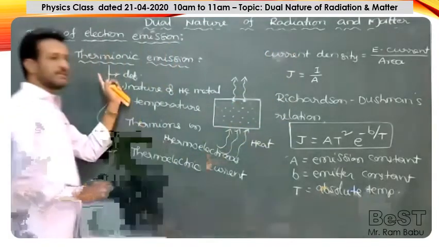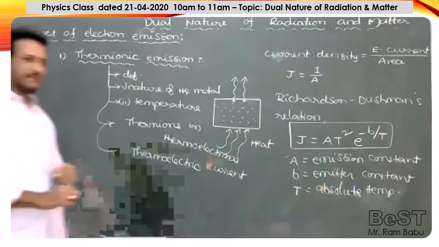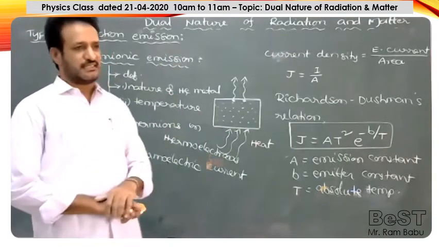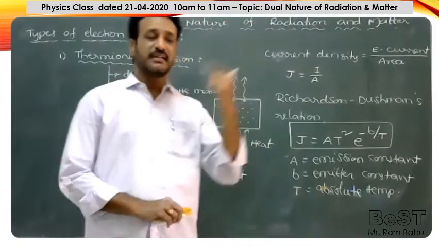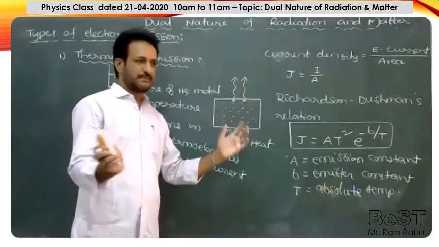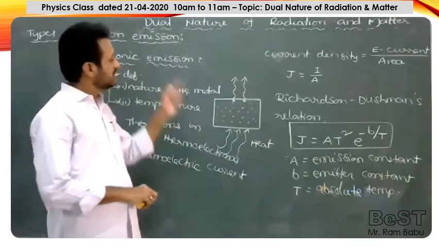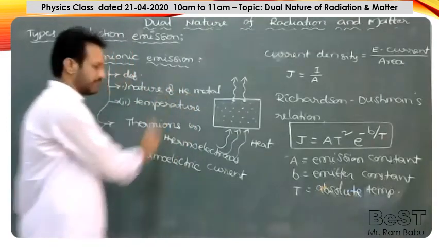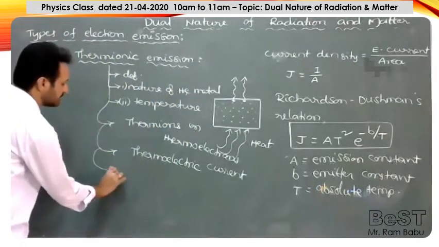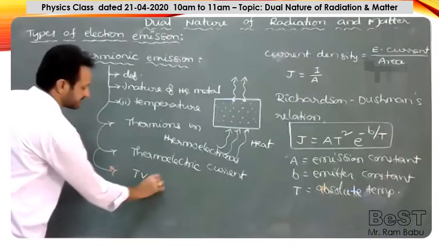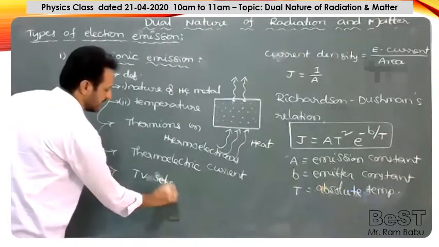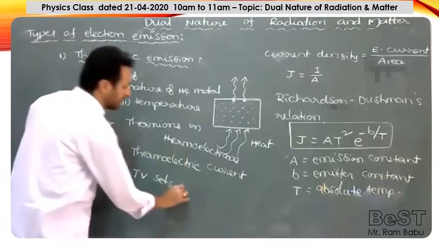Where we can use this thermionic emission: generally in TV sets, the old dome type TV sets, inside the picture, the cathode ray tubes. So inside the tube we are using this method. And also we are using vacuum tubes.